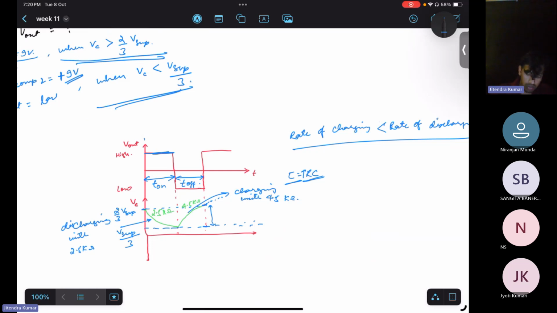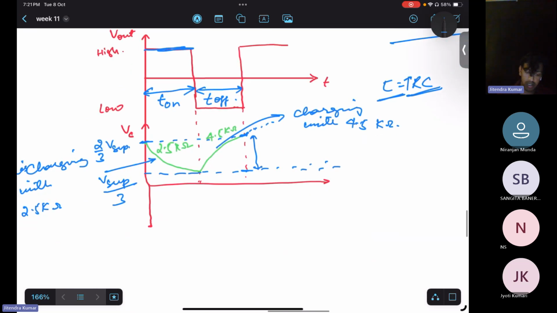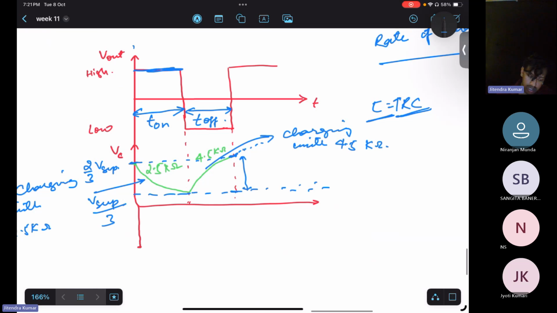If you are able to get it, now let's move towards the calculation of T on and T off. How will we calculate? Let us consider certain time instants. When it is getting charged, let us consider this is T equal to 0 and this is T equal to T off.